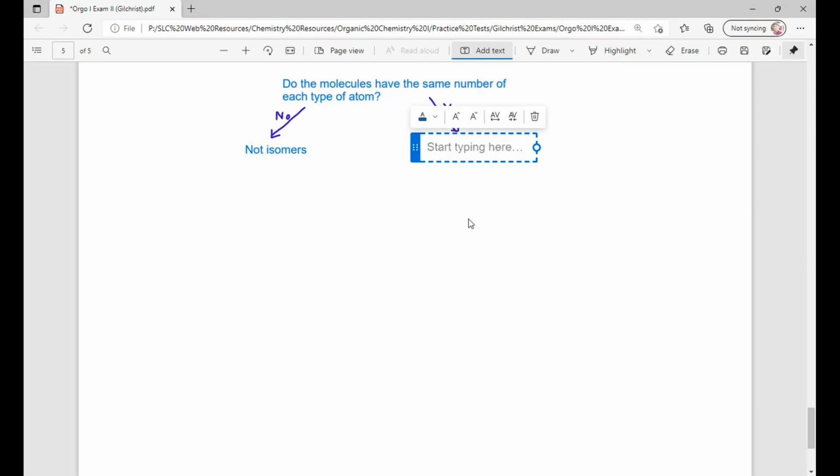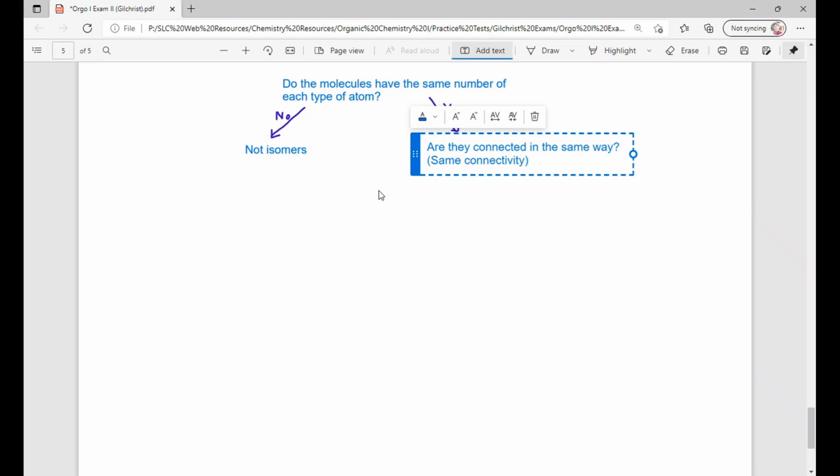If yes, then you ask yourself, are they connected in the same way? In other words, do they have the same connectivity? Are all the atoms connected to the same atoms? Connectivity is the fancy word we use in OChem to say, are they connected in the same way?